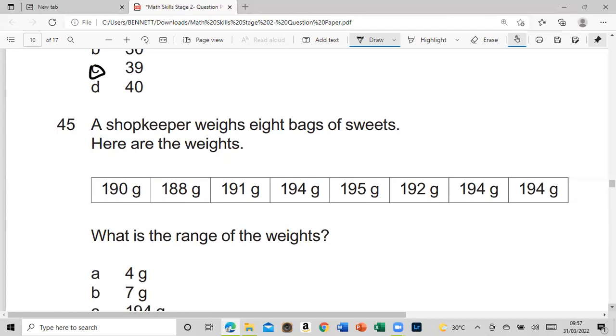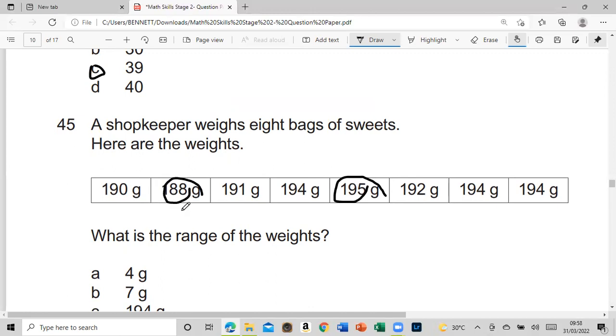Alright, so we just have to look for the largest value. This 194, no, 195. This is the largest value that I'm seeing.